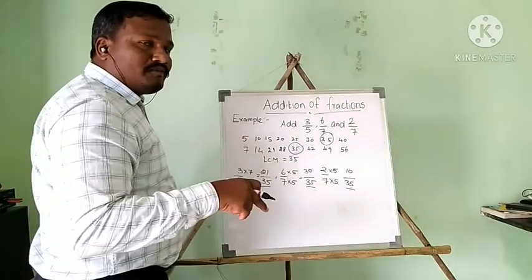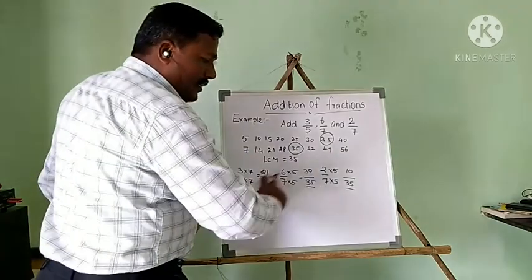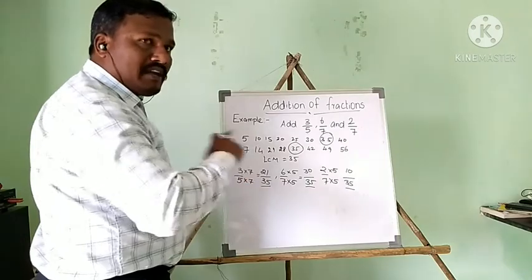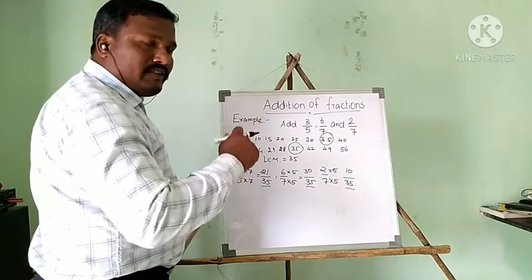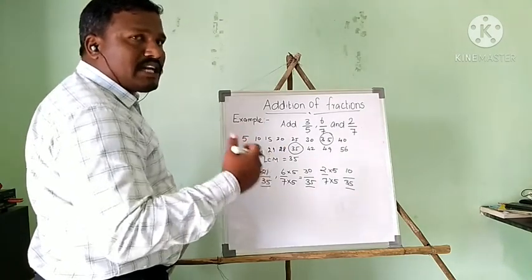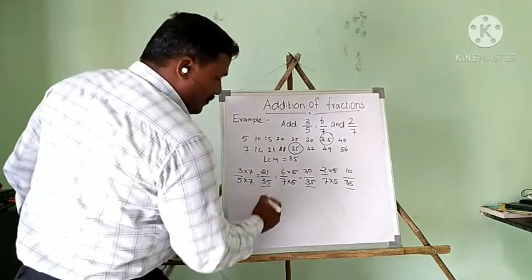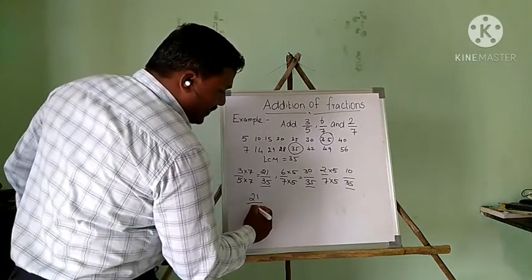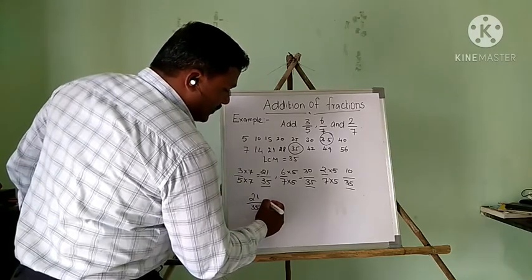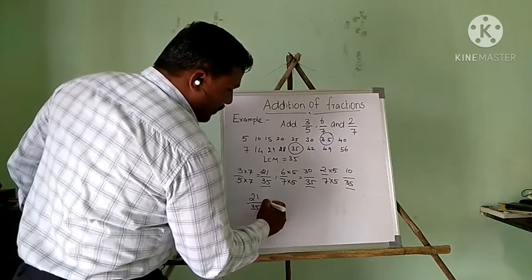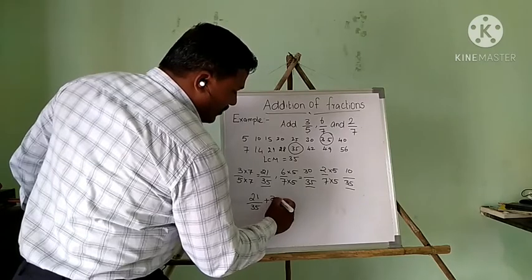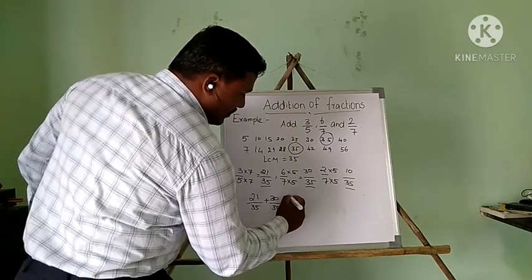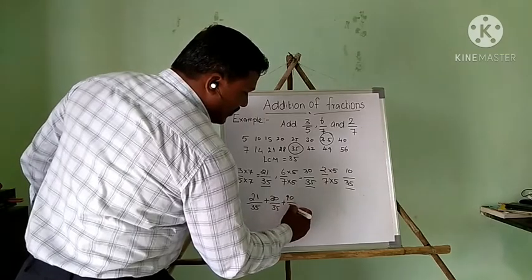So as per the rule 1, all the denominator is same, so we can add numerator. We will take denominator one common denominator. Okay. So now I will collect 21 divided by 35, plus 30, 35, 10, 35.